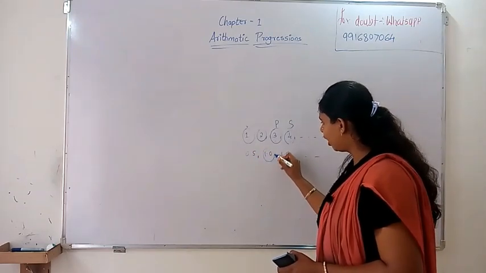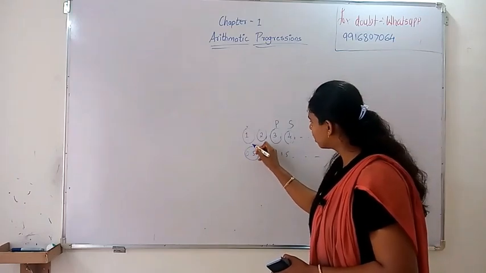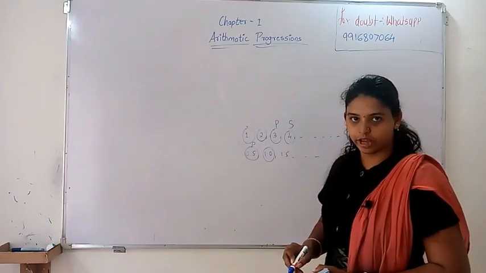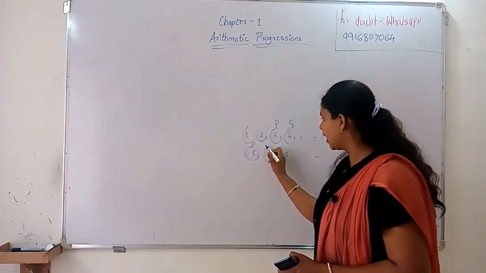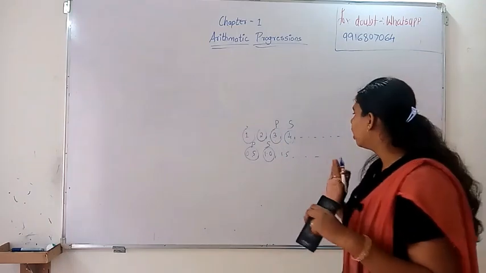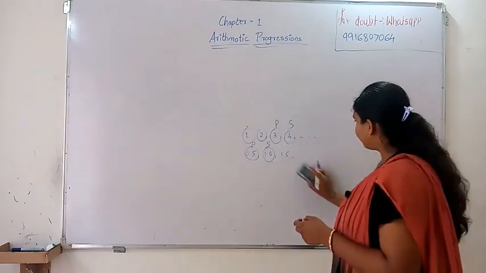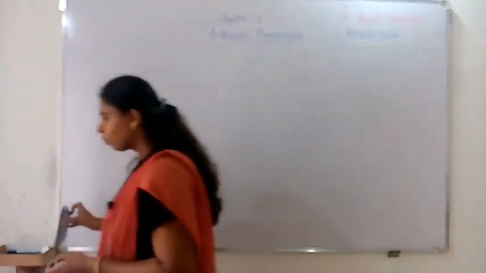For this 1.0 the preceding number is 0.5, and for this 0.5 the succeeding number is 1.0. We have understood this much. Now we'll move towards some definitions.